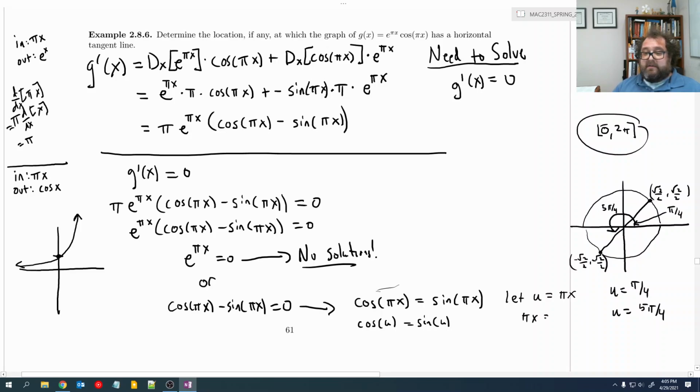We get pi x equals pi over 4, and we get pi x equals 5 pi over 4. And if we solve for x, that gives us what? Divide both sides by pi, and we get x equals 5 over 4. And we get x equals, oh, we're kind of squeezed here, but x equals 1/4.